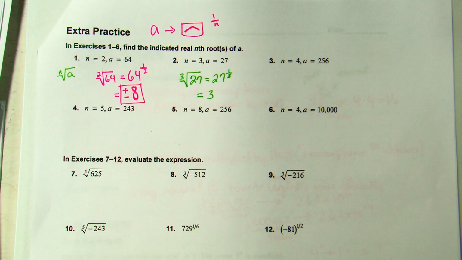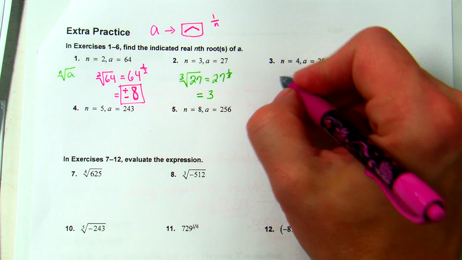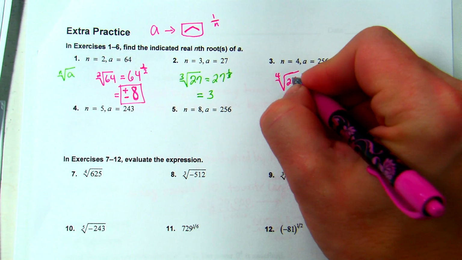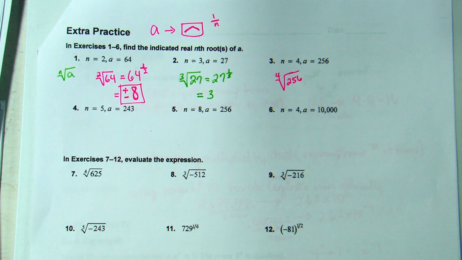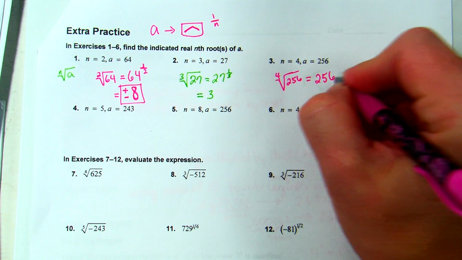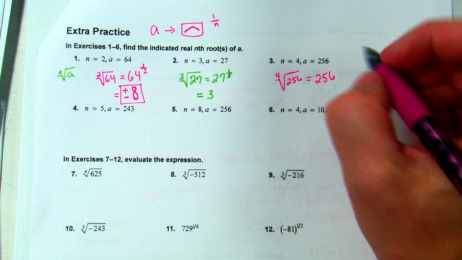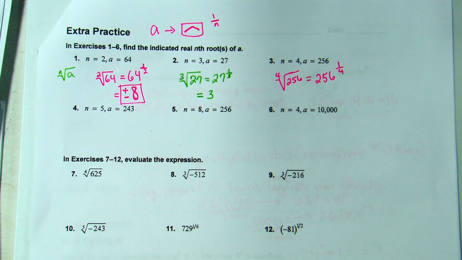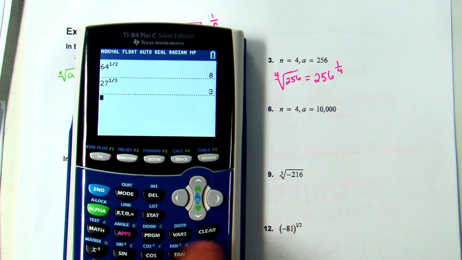All right, what about number 3? Number 3, I'm going to have the 4th root of 256, which is also the same thing as writing 256 raised to 1 over n, so it's 1 over 4. I put that in the calculator. 256 raised to 1 divided by 4, and I get 4.